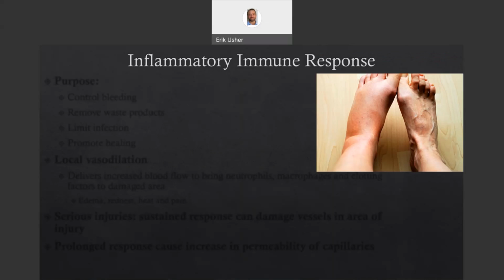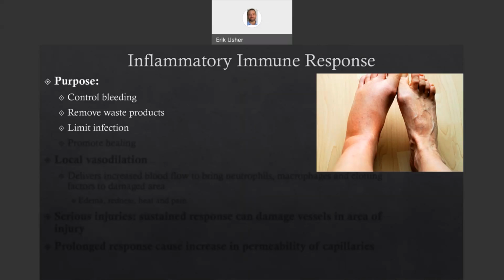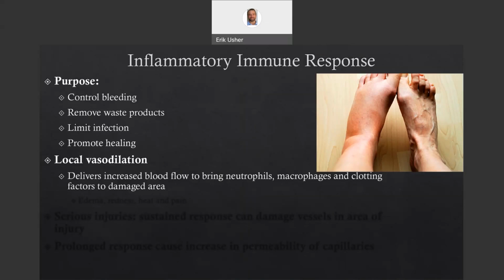And one of the things we talk about is the inflammatory immune response. And this is our innate immunity. The purpose of that is to control bleeding. That's one thing it does. It removes waste products, limits infection, and it promotes healing. It does local vasodilatation. That delivers increased blood flow to bring in neutrophils, macrophages, and clotting factors to the damaged area. Results, though, are edema, redness, heat, and pain.